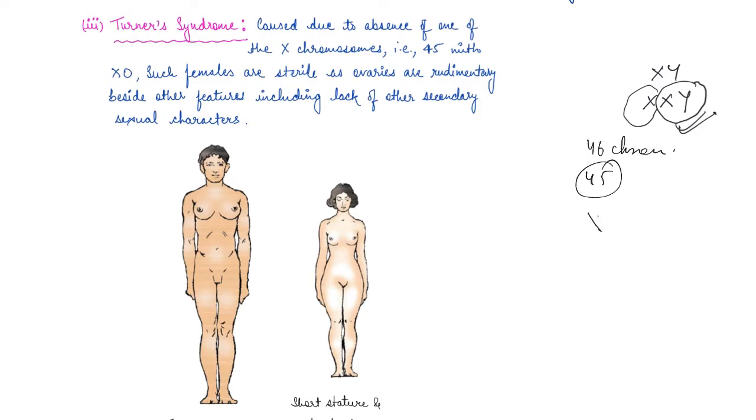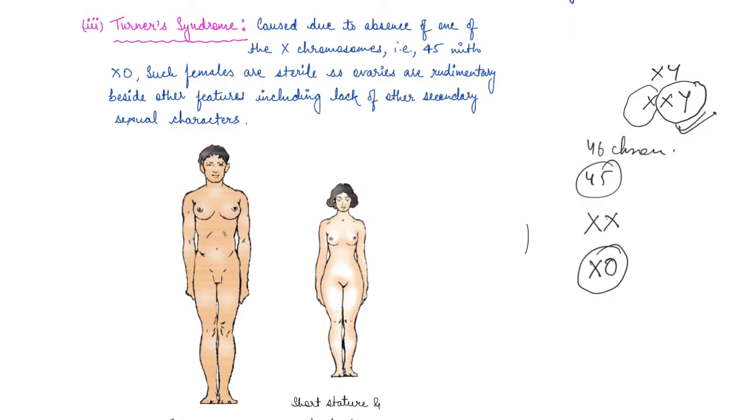Usually a female has a pair of X, right? In this case, they have XO, so one X chromosome is absent. Again, such females are sterile. They are not able to produce offspring. This happens because the ovaries are rudimentary, and there is a lack of secondary sexual characters.